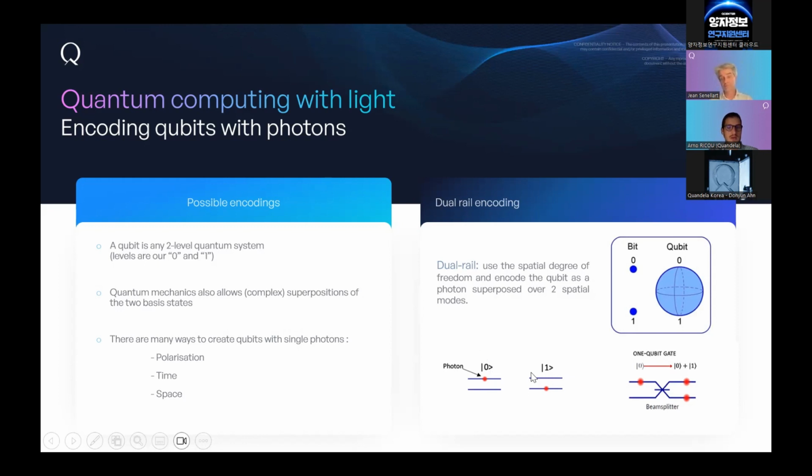If we send a photon in the lower one, it's a qubit in state 1. And if you want to do, for instance, a Hadamard gate, you just have to send this photon that is in the upper waveguide, so in the state 0, onto a beam splitter. After that, you have a 50% chance of being in the upper waveguide or a 50% chance of being in the lower waveguide. So it's represented by the state 0 plus 1 written here. We should have normalized it with the square root of 2.